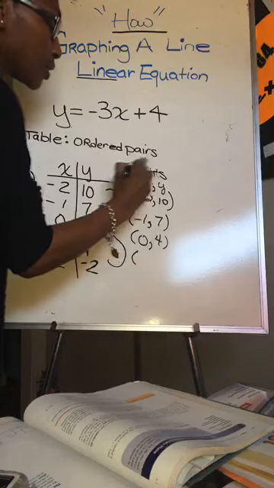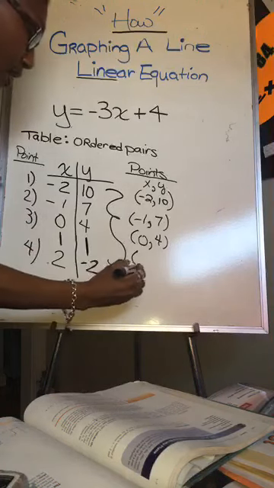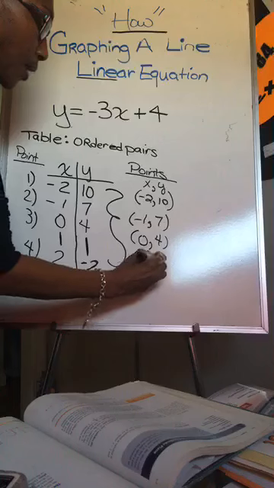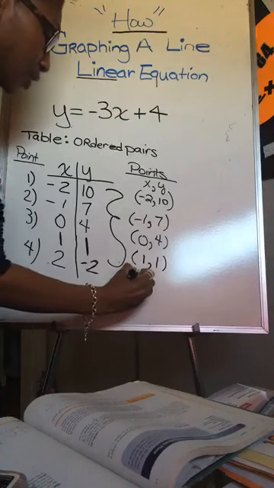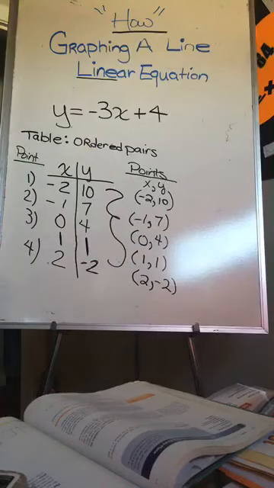You're plotting these points: point 1, point 2, point 3, and point 4. Hopefully that gives us a line that we connect all together. So we have 1, 1, and lastly 2, -2. Now we have our points that we can graph or plot.